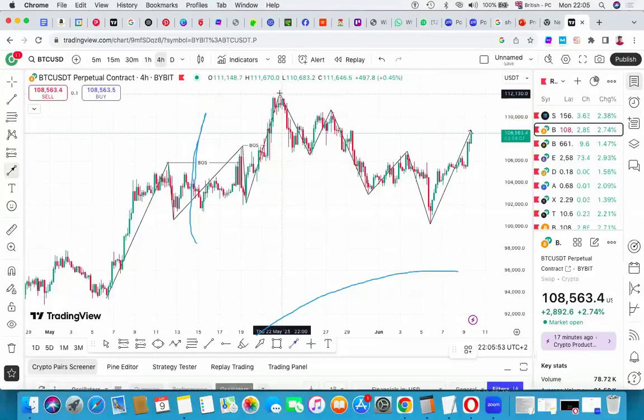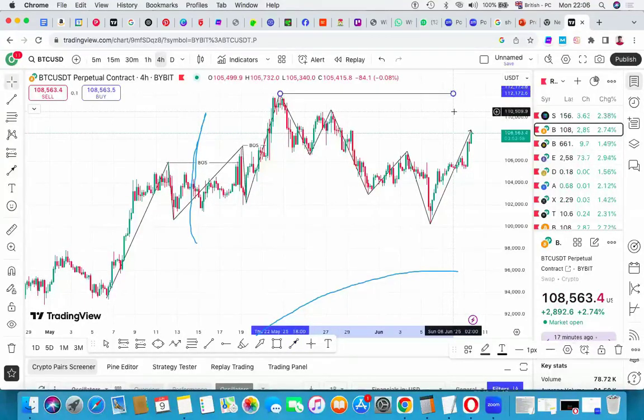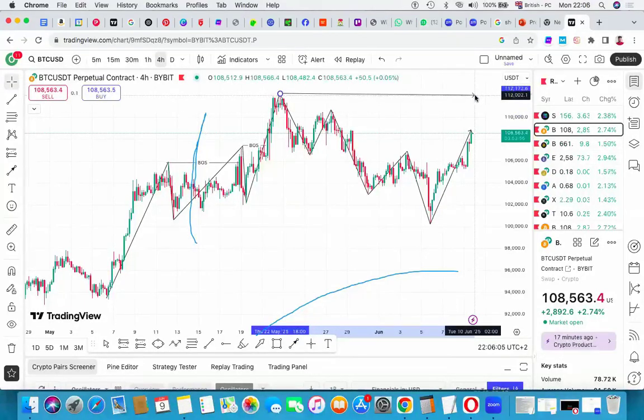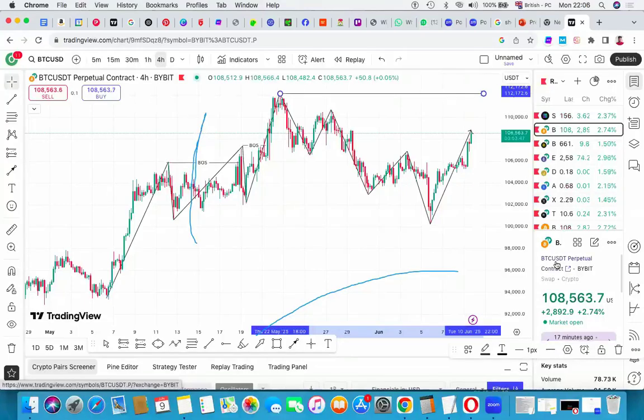So now market was unable to pass this high. Definitely, we'll still see a break of structure. We'll still see a break out of this. So definitely, Bitcoin is still going to do that, but we don't know yet. You can see BTC is at around 108,500 now.